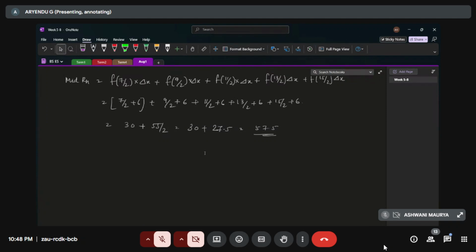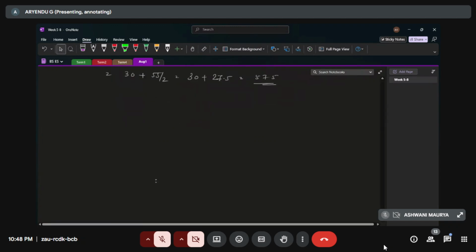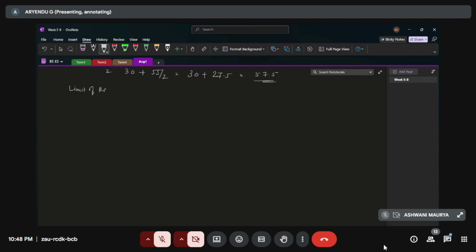So that is all about Riemann sums. And then we have a very simple theorem which just states that the limit of Riemann sums is the definite integral of the function. Just have to remember this statement. So this is like this: the integral of f of x dx is the definite integral of the function f of x.